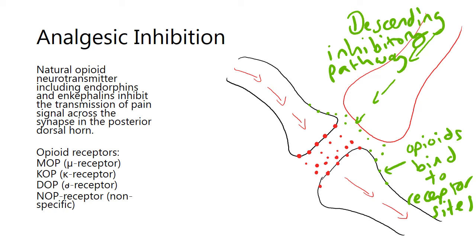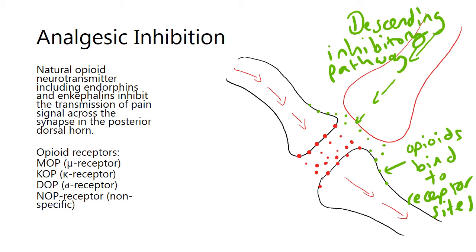Ordinarily we would have our noxious stimulus that would send this wave of depolarization down the nerve fiber, where at the synapse we have a release of neurotransmitters such as substance P and glutamate that will travel across the synapse from the presynaptic knob to the postsynaptic knob, therefore continuing the transmission of pain signals toward the brain.